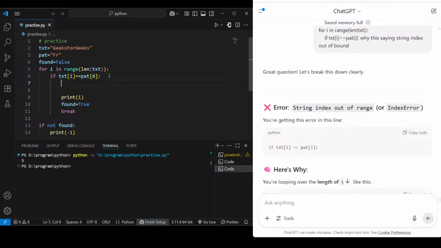Now let's, instead of i here, shall we use j?